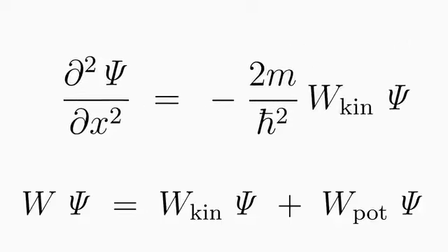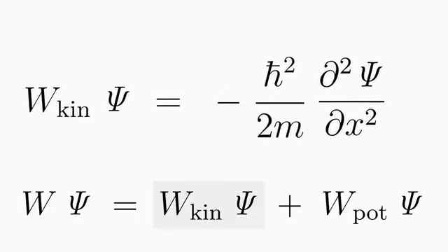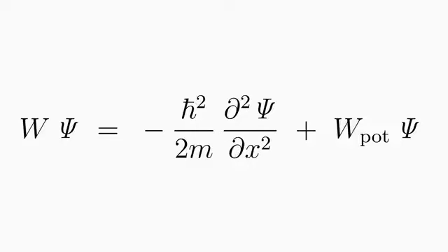If you now look at the law of conservation of energy multiplied by the wave function, you will see that W kin times psi occurs there. So solve the equation for W kin times psi. Now if you just insert that into the law of conservation of energy, you get the Schrodinger equation.